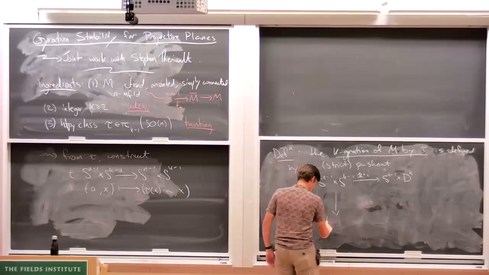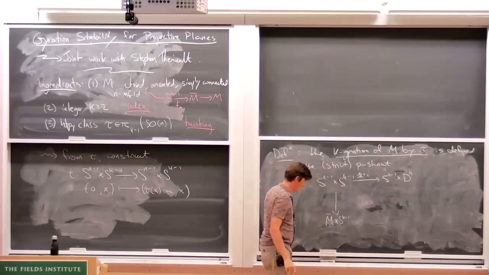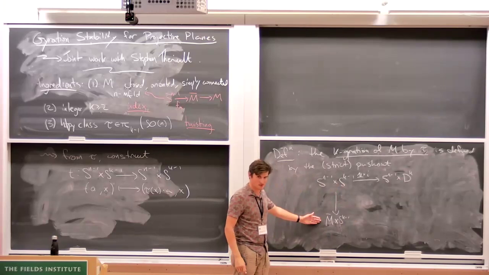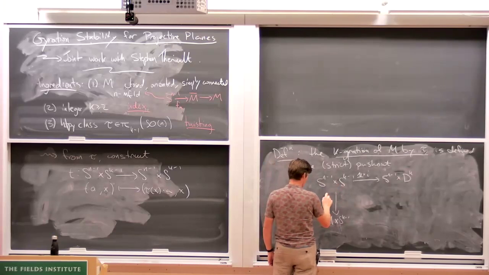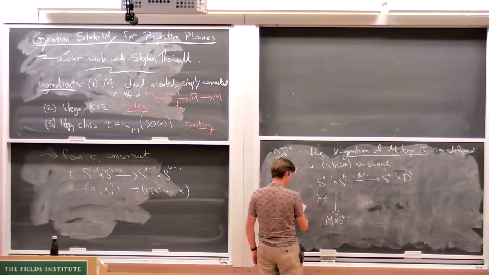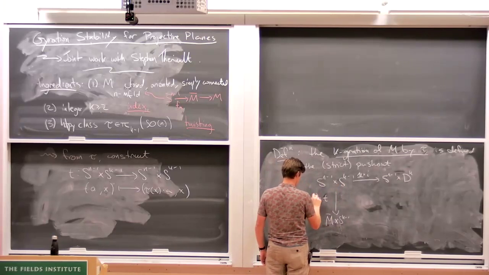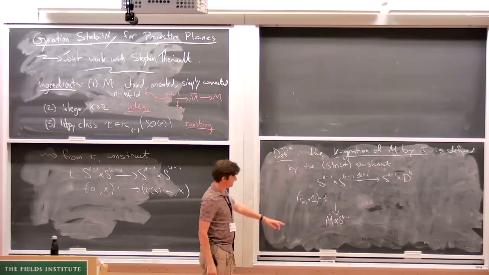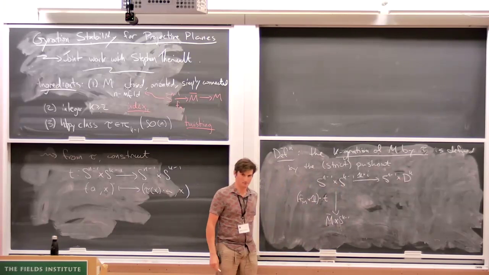And down here, I map into this product, the skeleton of M cross S^{k-1}, and I perform the twisting, and then I compose with the attaching map for the top cell of M on one side and the identity on the other.